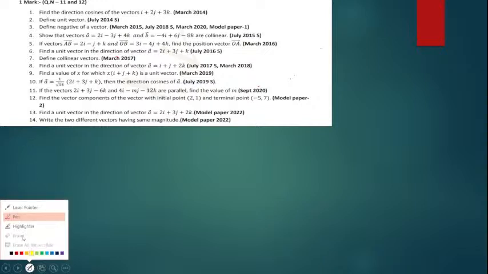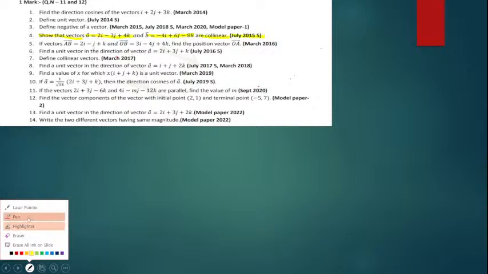That is the fourth question. The question is: show that vector A and vector B are collinear, which was asked in the July 2015 supplementary question paper.